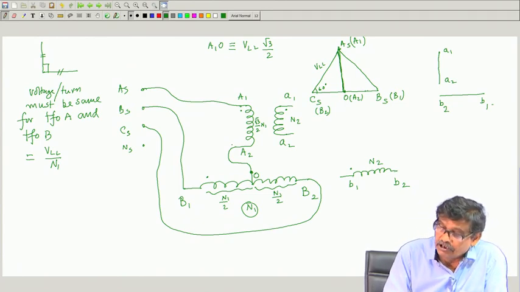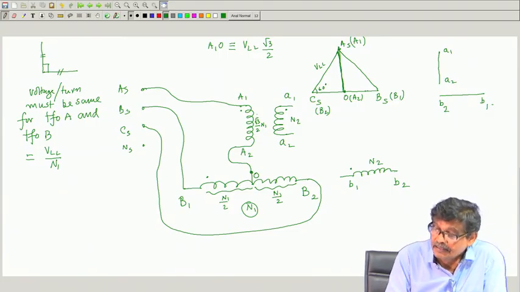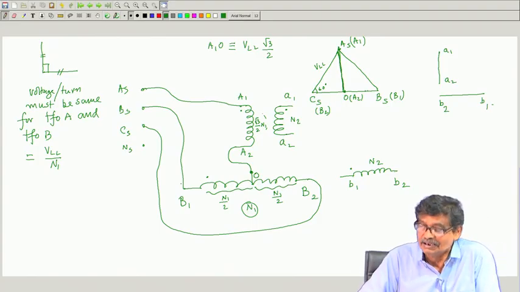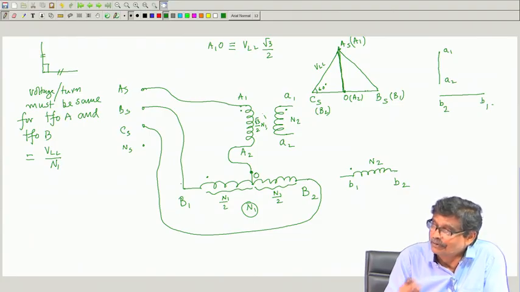So, to make the voltage per turn the same, the number of turns of transformer A primary is chosen to be root 3 by 2 into N1.